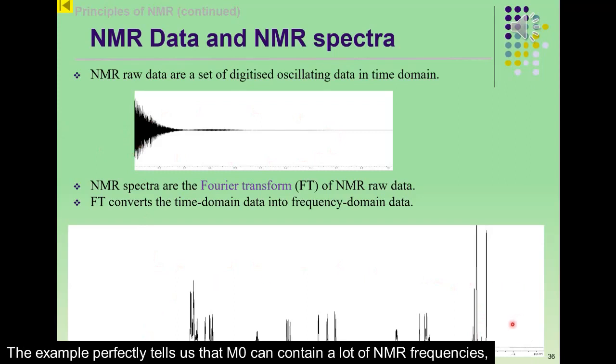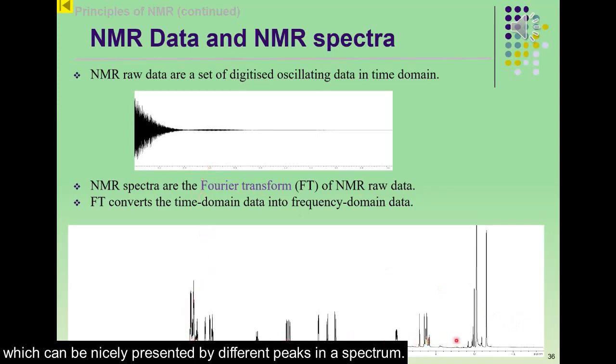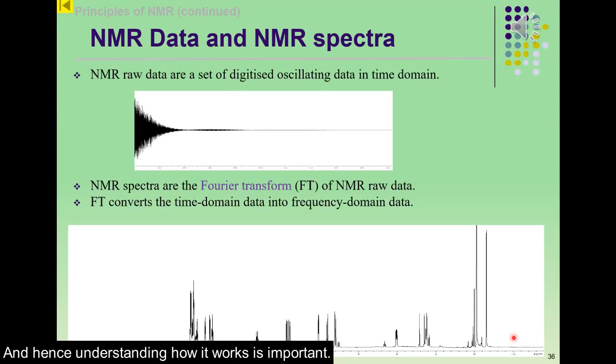The example perfectly tells us that M0 can contain a lot of NMR frequencies, which can be nicely presented by different peaks in a spectrum. It is just a preface to introduce Fourier transformation, which is a method of essential importance in all modern spectroscopy. And hence, understanding how it works is important.